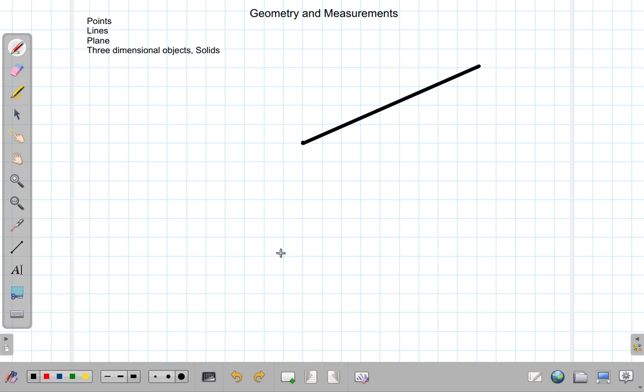For example, a sheet of cartridge paper is considered a plane, even though it has a very small thickness. You can use something like a micrometer screw gauge and measure the thickness of cartridge paper, but it's still considered a plane. You can ignore the thickness and think of it as having a length and a width, maybe a length of 2 feet and a width of 3 feet.